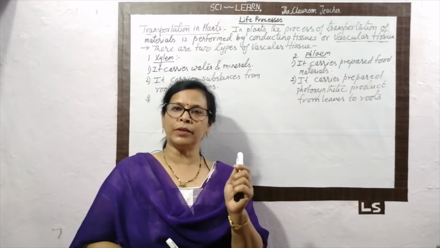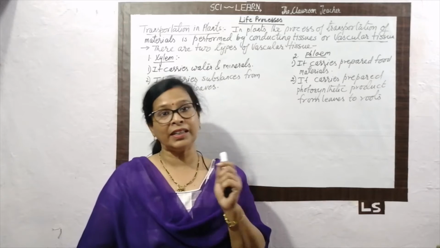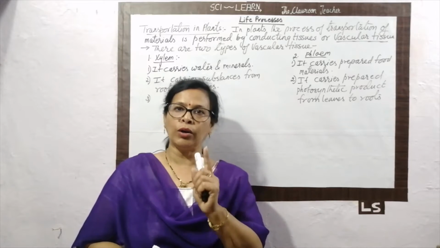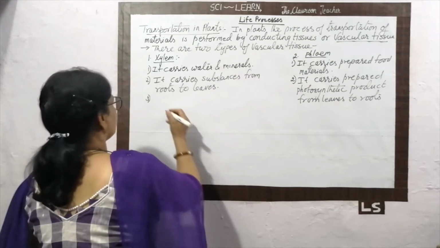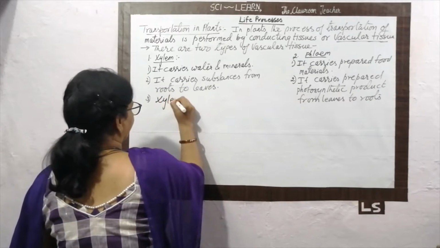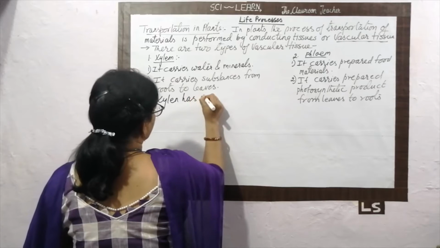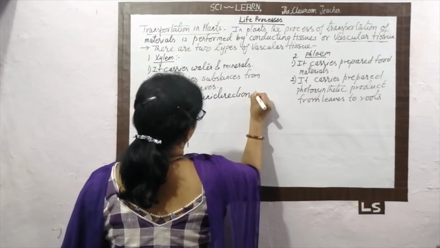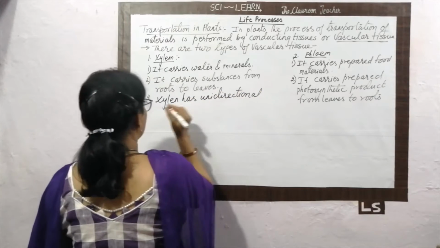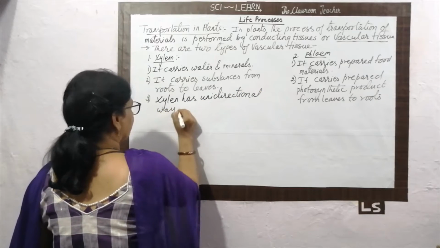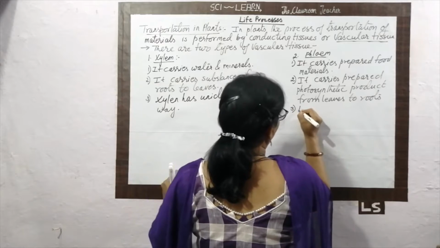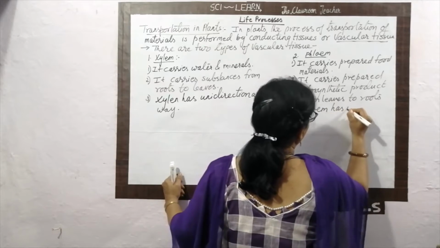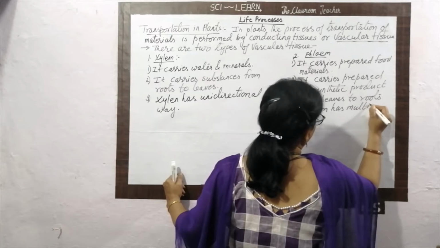So xylem has a unidirectional way, but the phloem has a multi-directional way.